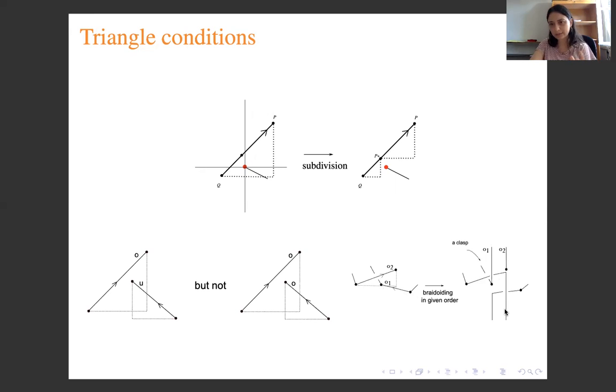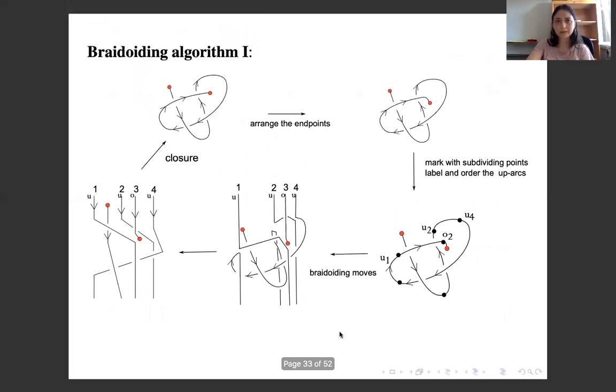So to avoid such cases, and to be free of ordering of up arcs in the algorithm, we put this triangle condition for the labeling of up arcs. So let's see what goes on for the algorithm.